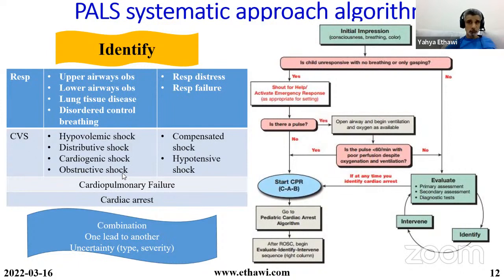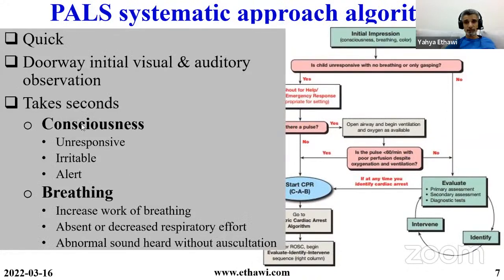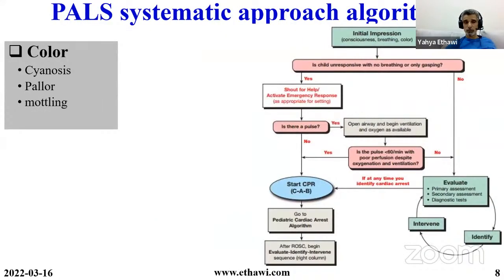So let's repeat what we said. You go first, your initial response. Three things: consciousness, either unresponsive, irritable, or alert. Breathing, either increased work of breathing, absent or decreased respiratory effort, abnormal breathing sound. Color, cyanosed, pale, mottled.